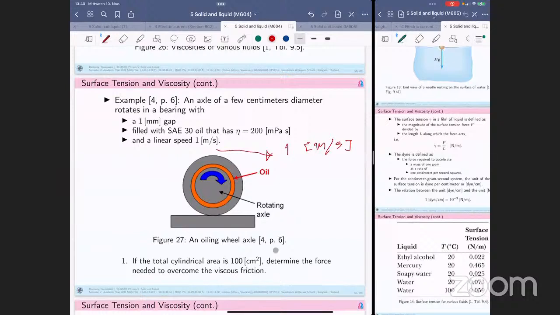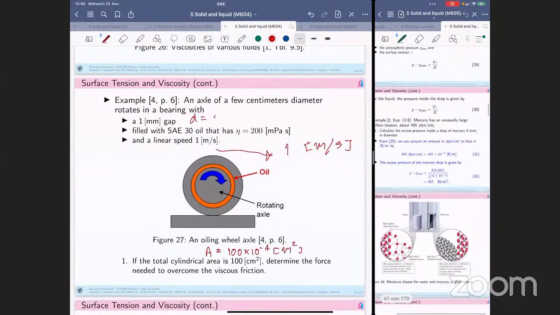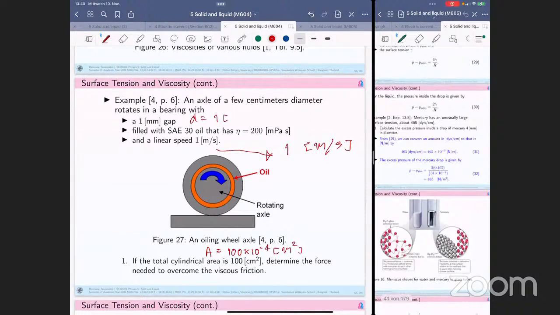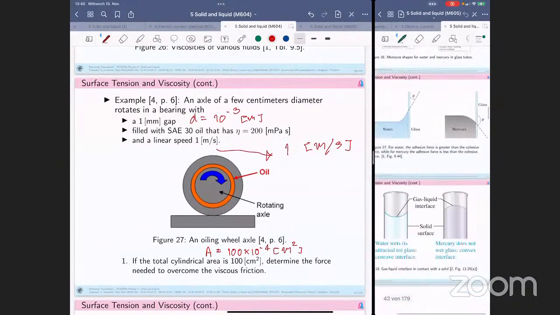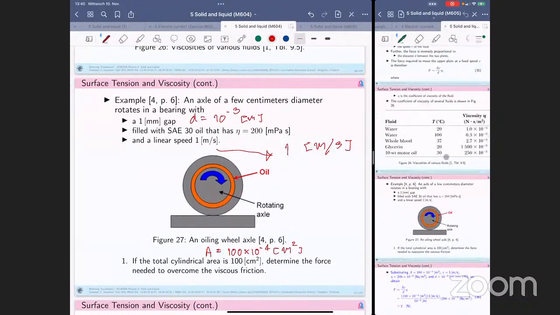So what they have provided is A, which is 100 times 10 to the negative 4 meter square in the SI system. D is 1 millimeter, or in the SI system 10 to the negative 3 meter. The unit here is already the same as what we have learned, you don't need to take care of that.